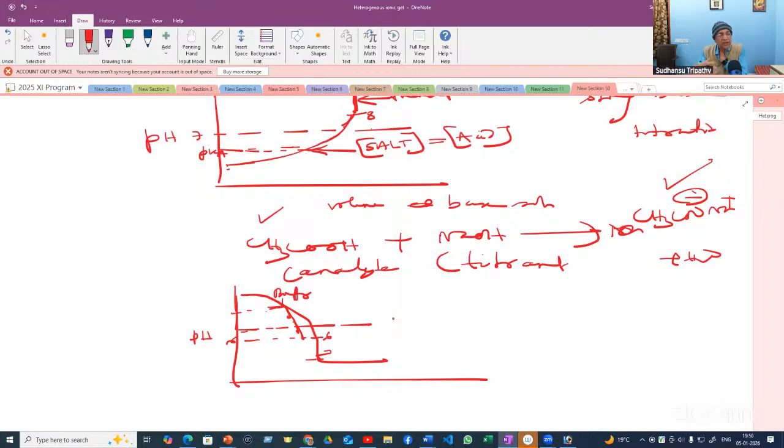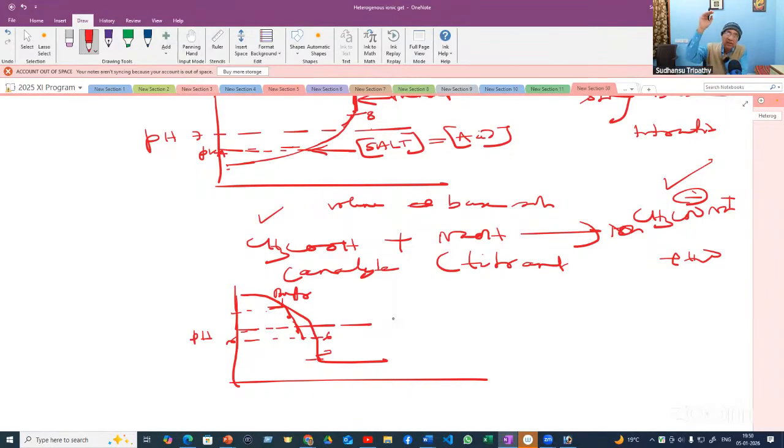Salt concentration is increasing. Supposing ammonia you have taken in the analyte and you are adding HCl from the burette. So the pH is decreasing, but if you calculate pOH, salt is forming more and more, unreacted base is depleting, coming low and low. So pOH is increasing, so pH is decreasing.